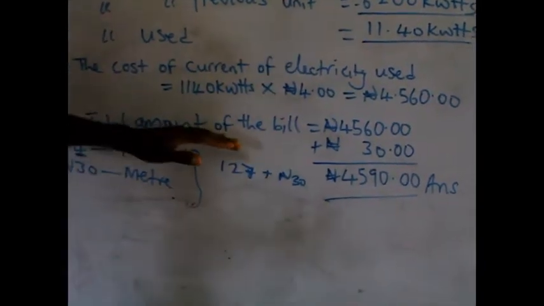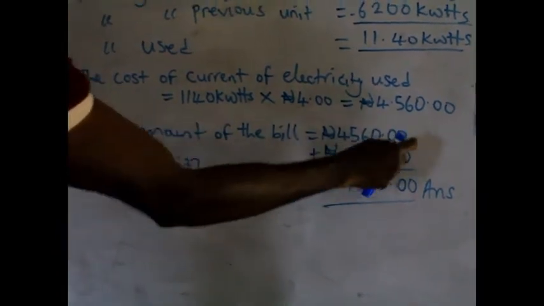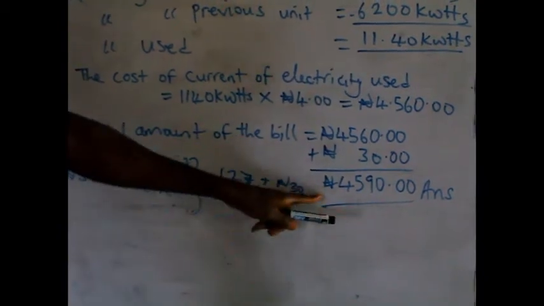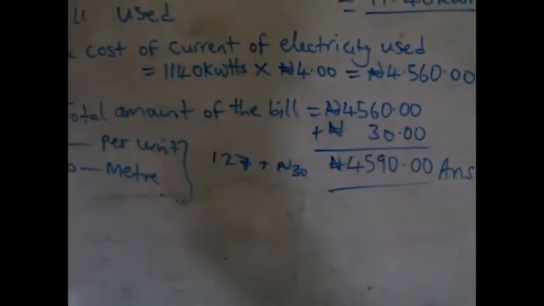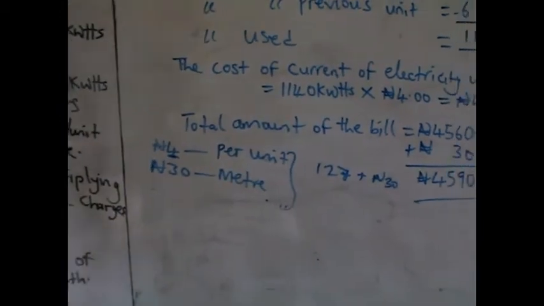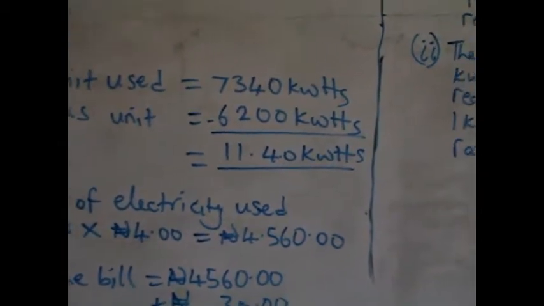Now the total amount of the bill will be this current use plus the 30 naira, which will give you 4,590 naira as your total consumable bill. So you pay that amount to NEPA.